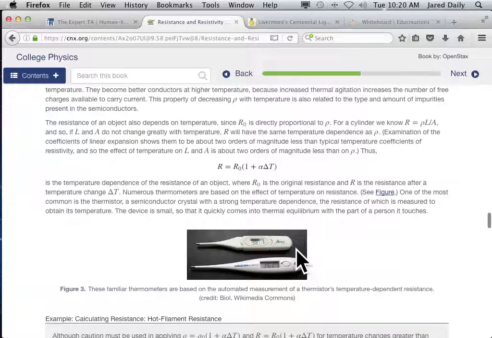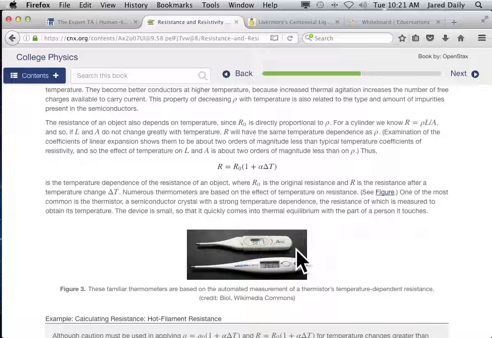An example where a resistor that changes temperature is a good thing is if you're using it to measure temperature, for example. Right? So these thermometers that have the little digital readouts are actually resistors. What they do is the resistor has a current flowing through it from a battery inside the thermometer.